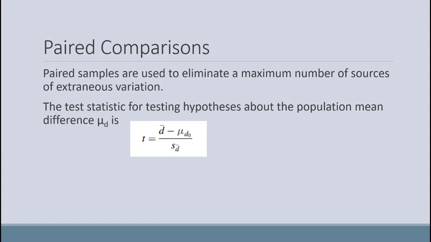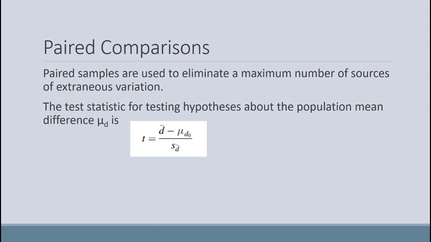The test statistic for testing hypotheses about the population mean difference, mu d, can be calculated using the formula shown on this slide. So d bar is the sample mean difference. Mu d0 is the hypothesized population mean difference.